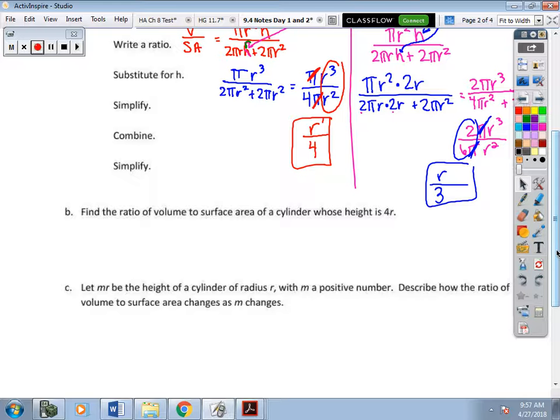Then they ask us to find the volume to surface area of a cylinder whose height is 4r. So we're just going to take that same formula and plug in that the height equals 4r. So pi r squared h, where I'm going to plug in 4r, using this formula up here, 2 pi r h, where we're plugging in 4r, plus 2 pi r squared. And we're going to notice a relationship between these answers.